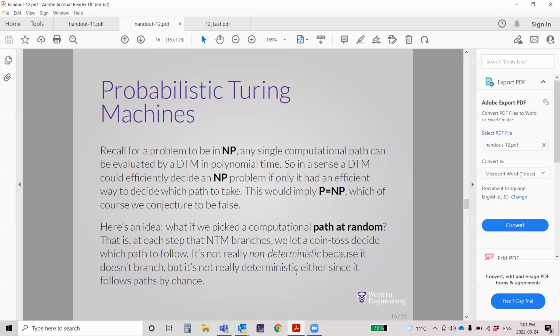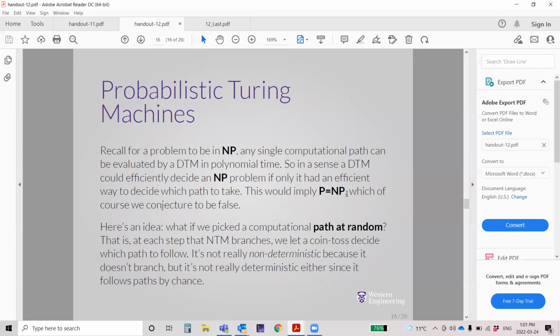Recall, for a problem to be in NP, any single computational path can be evaluated by a DTM in polynomial time. So, in a sense, we could efficiently decide an NP problem if and only if we had an efficient way to decide which path to take.